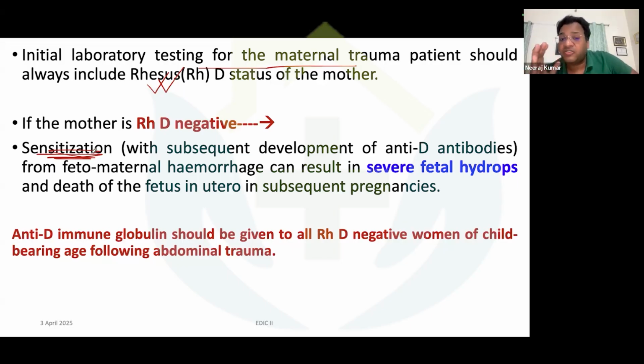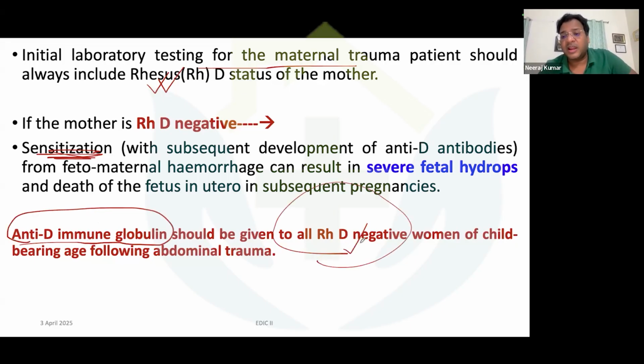That's why in trauma patients, if the patient has maternal trauma, pregnant trauma, it is always advised to give anti-D immunoglobulin, especially in all RHD negative women of childbearing age following abdominal trauma. That's to prevent the problems of severe hydrops fetalis or intrauterine death in subsequent pregnancies.